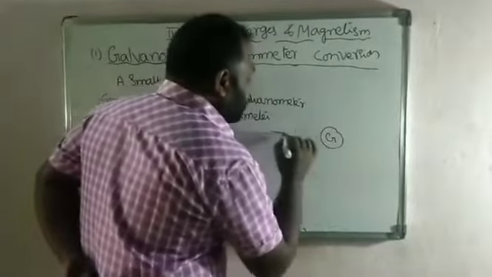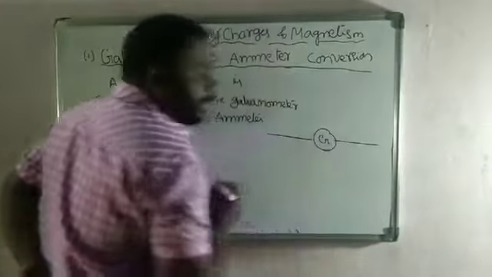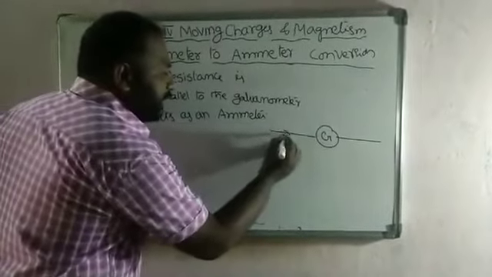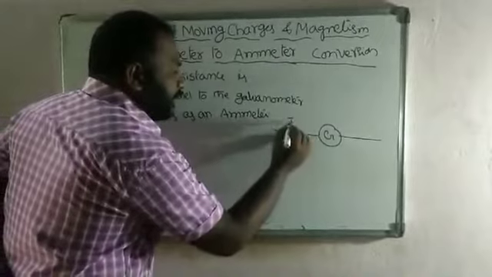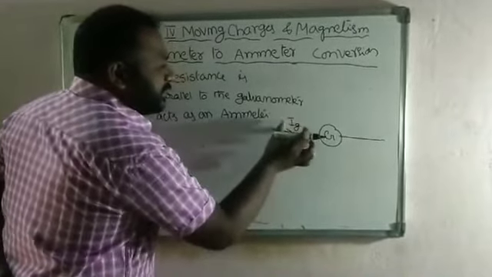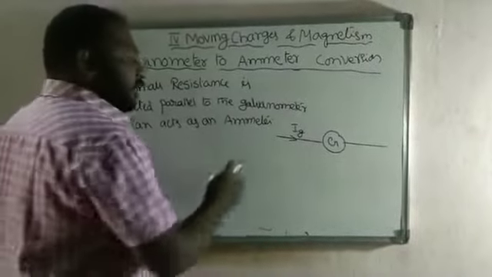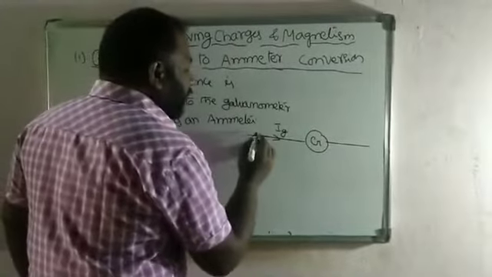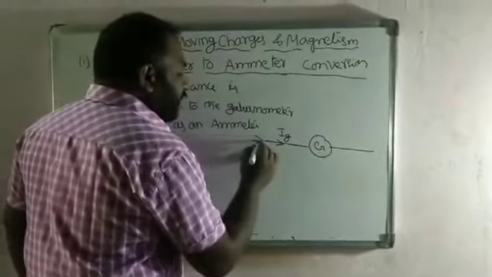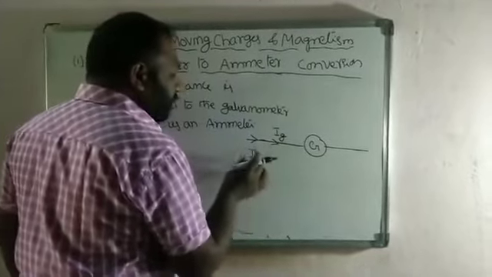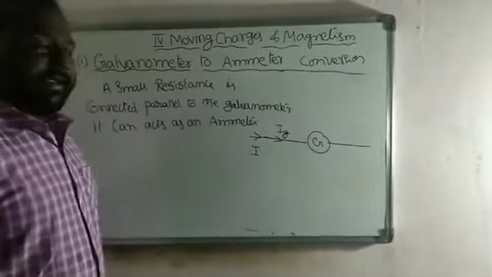This is the representation of the galvanometer, and current flows through the galvanometer. This is called the full scale deflection of the galvanometer. Now we need to measure a current of I amperes.